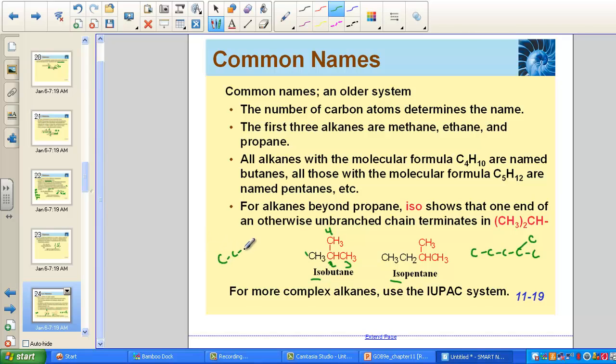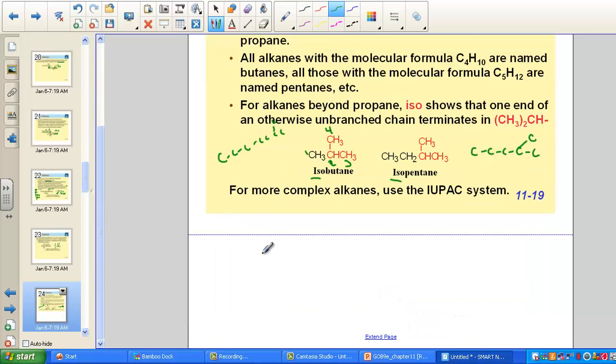Isoheptane, 1, 2, 3, 4, 5, 6, 7. And then if I put another here, here's isooctane. We could get the idea of iso. But interestingly, if I just take a look at, let's say, isobutane, redraw that. Isobutane. Well, what would its IUPAC name be?